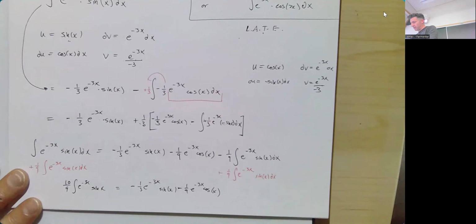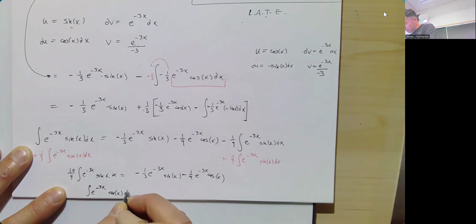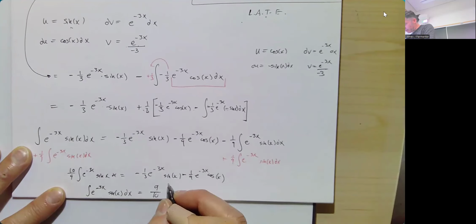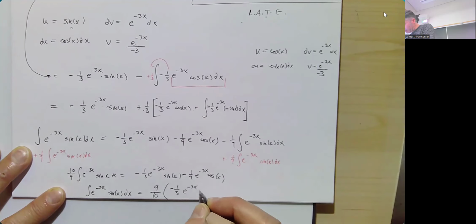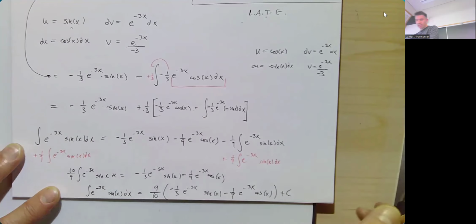Multiply both sides by 9/10, and you end up getting the integral of e to the -3x times sine of x dx is equal to 9/10 times all of that: -1/3 e to the -3x sine of x minus 1/9 e to the -3x cosine of x plus c.